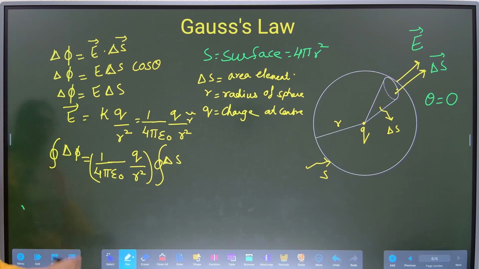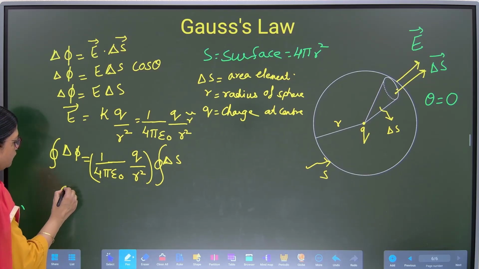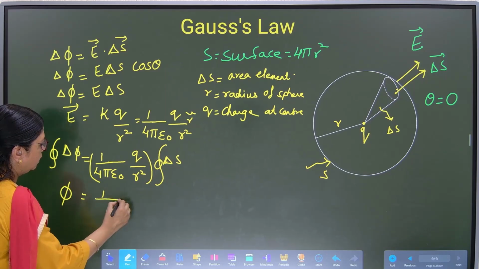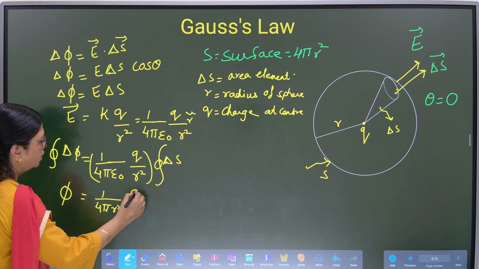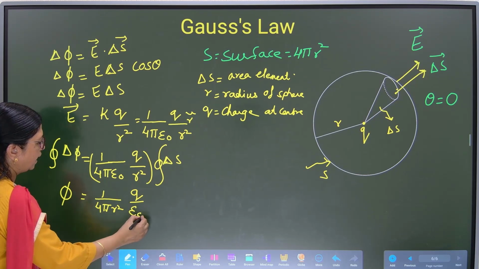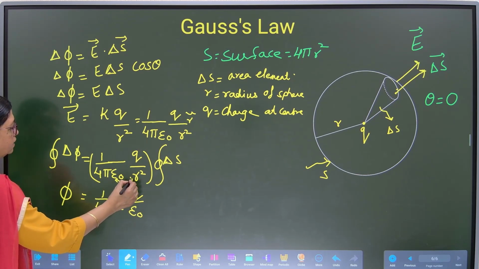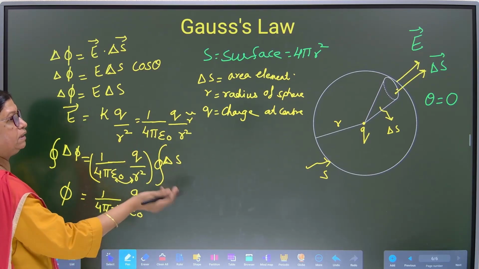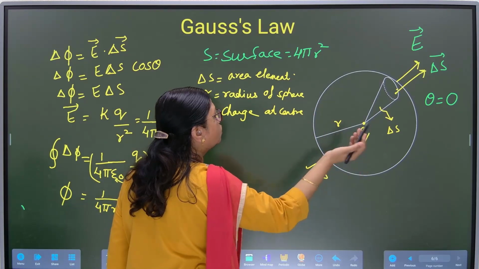Now if I take the integration of every such area element, I will get the total flux phi, shuffling the place of R square with epsilon naught. I only shuffled these two places so that it is convenient for me to cancel it later. Now the integral of delta S is a summation of all the cones of delta S. So what will it be?